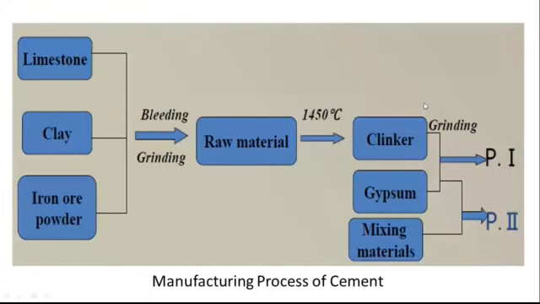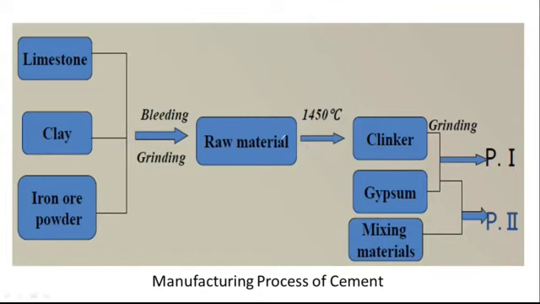Now, here the manufacturing process of cement is given. The cement manufacturing process is complex. It starts with mining and grinding of raw material like limestone and clay. Limestone and clay are converted into a fine powder, which is called raw material.